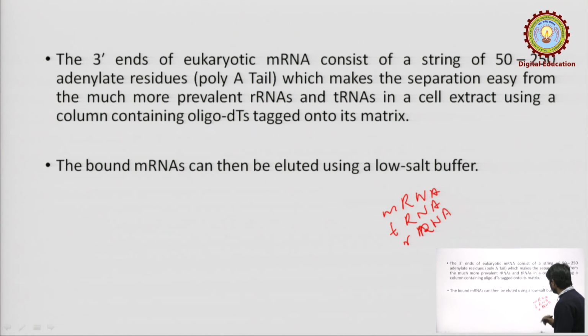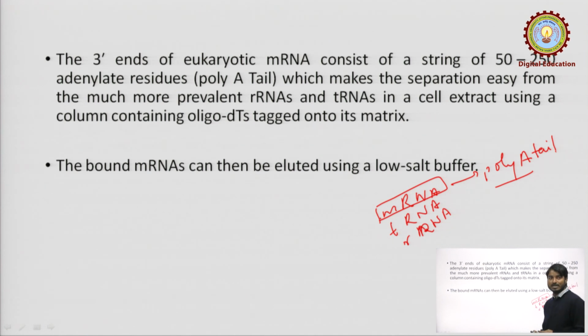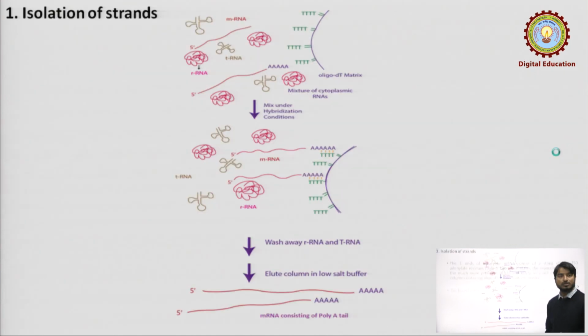These are all types of RNA present in the cells, but we want only messenger RNA. So we will utilize the poly A tail of the messenger RNA to isolate it from the different types of RNA. The bound messenger RNA can then be eluted using a low salt buffer. So we will discuss the step in detail here.